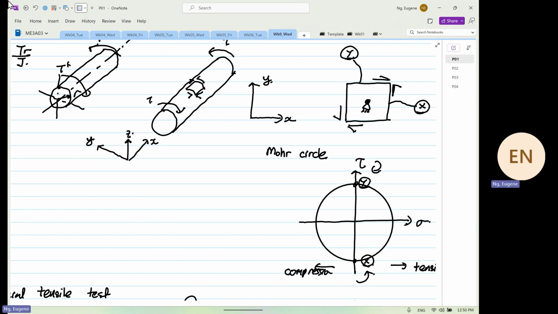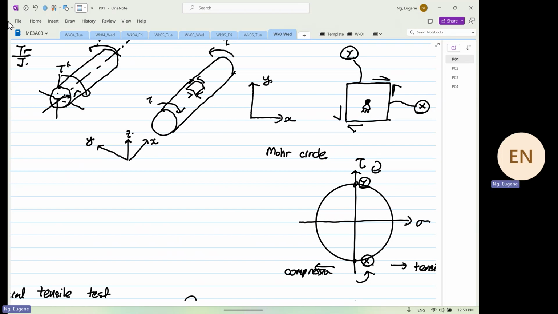So on Mohr's circle, what we have, this is normal stress, this is shearing stress, element will rotate clockwise, element will rotate anti-clockwise. This is our point X, and this is our point what?